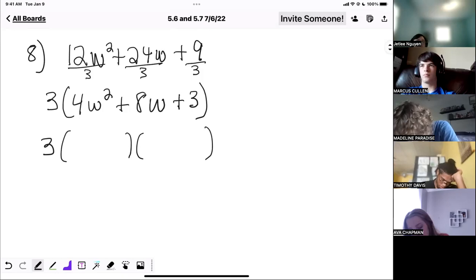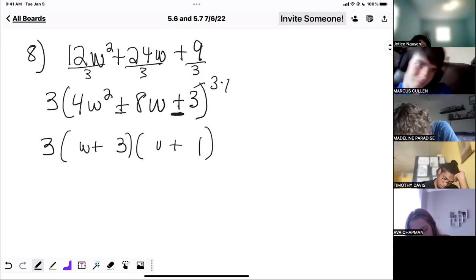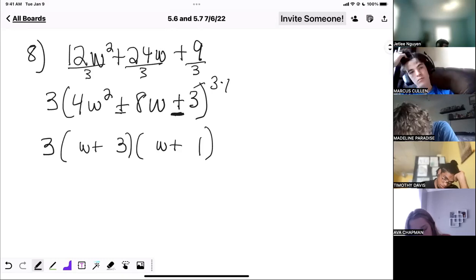All right, so 3 is 3 and 1. There is nothing else it can be. I'm going to put 3 and 1. I look at my sign, I have a plus, so I know it's a plus and a plus. I have a W. I have a W. Now I'm just going to figure out, do I want to use 4 and 1 or 2 and 2? So this can be either 4 and 1 or 2 and 2.